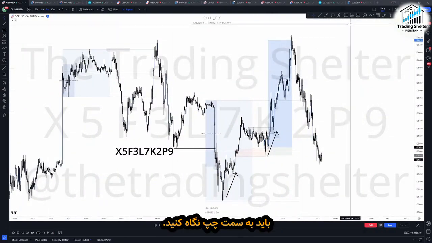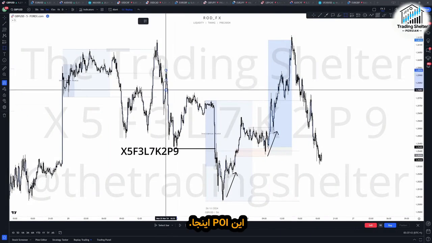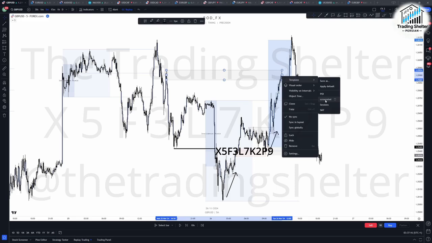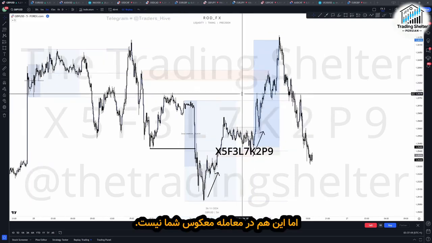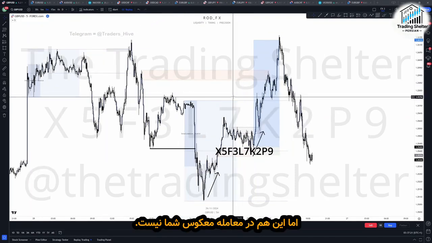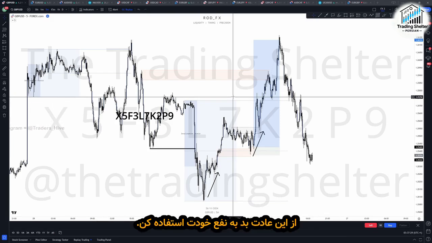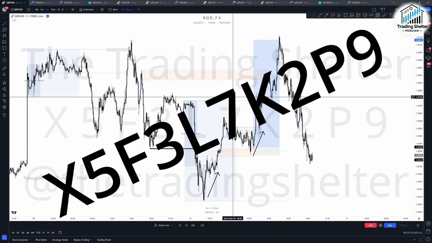You look to the left, this POI here, okay? You can see the reaction, but it's also not in your reverse trade TP. Remember, when you're in a trade, you're always targeting defense. This is a trick. Use this bad habit in your favor, right?